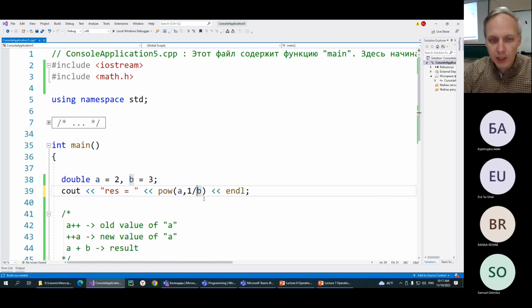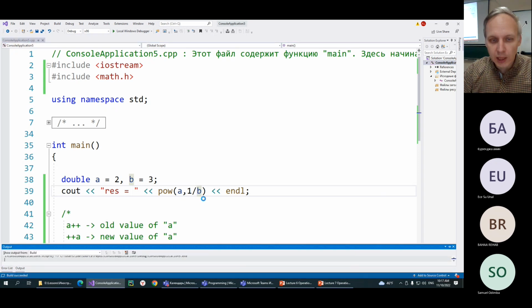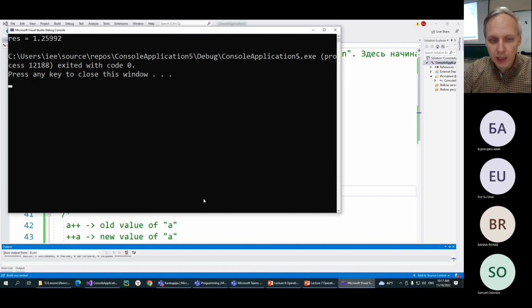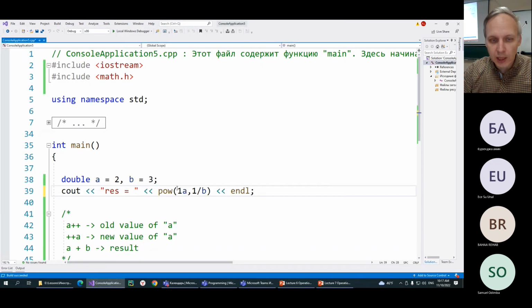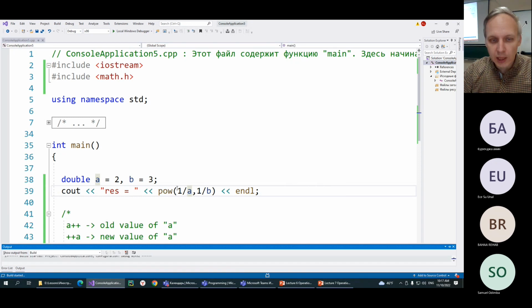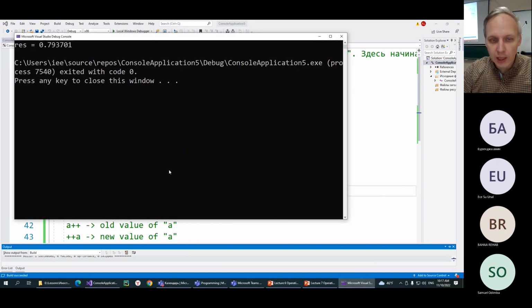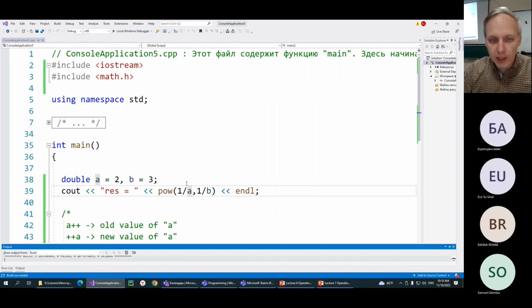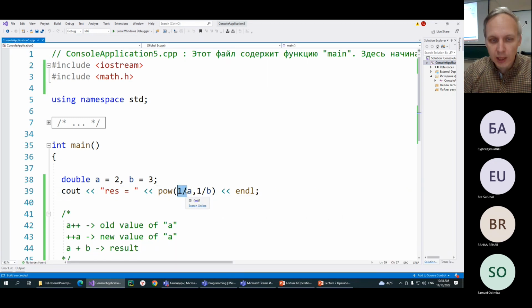For example, a power 1 over b, or even 1 over a power 1 over b. I can use any real numbers as the parameters of the function power.